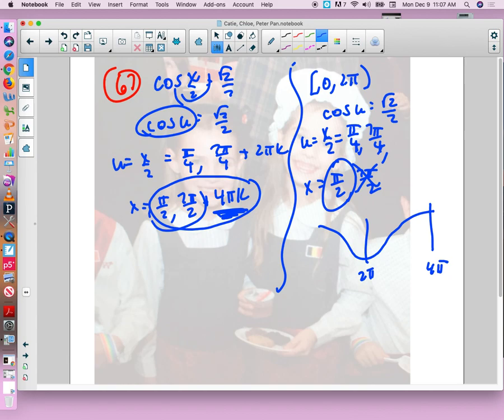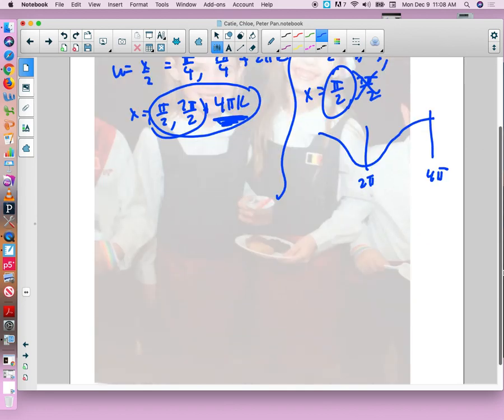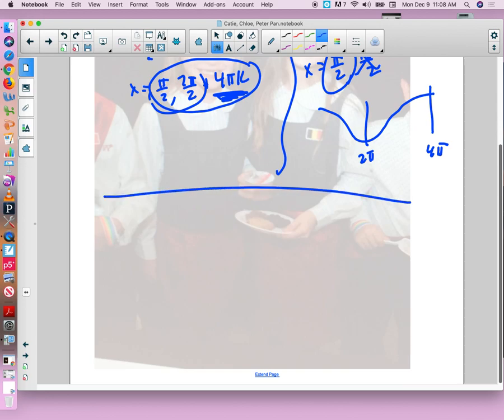All right, now let's look at number 68. This is the first one of these that I've given you, so we need to talk about this. 68 is tan of x over 3 equals 1. All right, pay close attention, girls. If you've got it, and a lot of y'all are just sitting there, you have it better than I thought, because it seems like you're clocking along with me just fine.